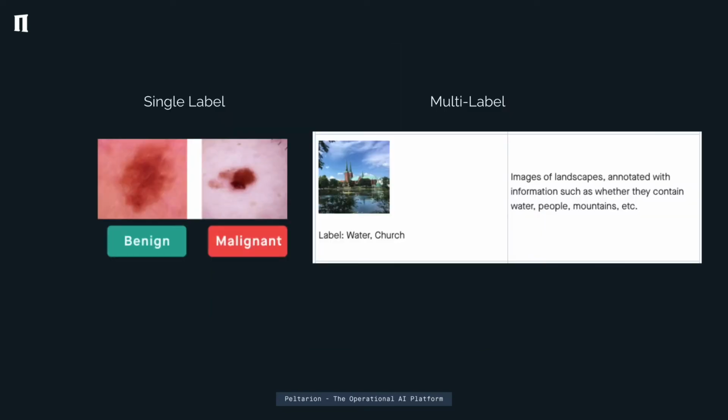But the nice thing with classification with images is that we can do not only single label classification, the binary kind, or looking at cancer cells where you can see whether it's benign or malignant from the signs on the skin, but you can also do multi-label. So if you take an image of a church here, you can see what the model sees, which is water and church.